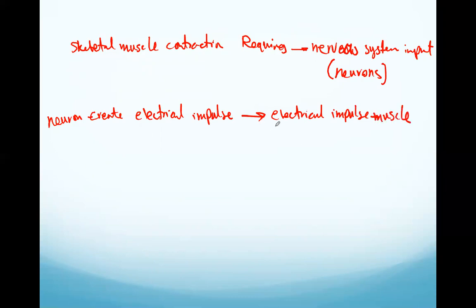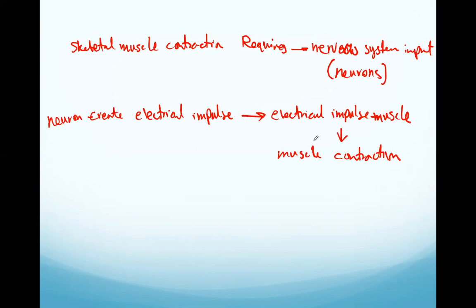And the third step leads into muscle contraction. So neurons create the original electrical impulse. That electrical impulse transfers or creates a new electrical impulse inside the muscle fiber, and that electrical impulse leads to muscle contraction. So how does that take place?